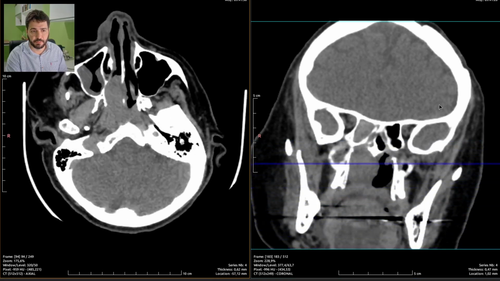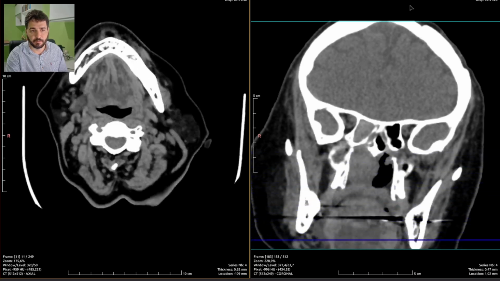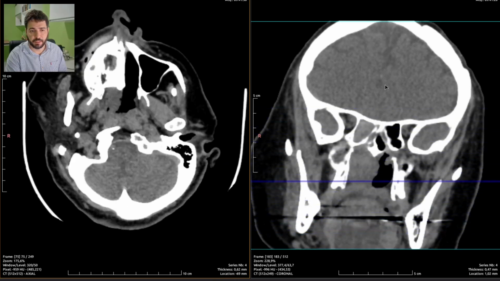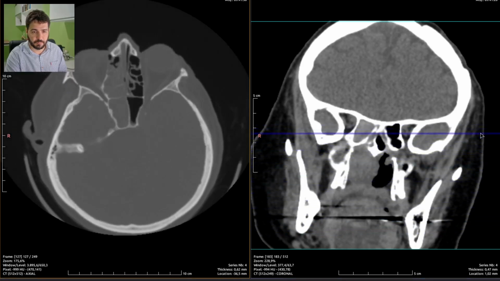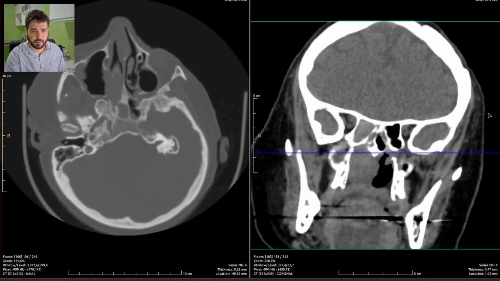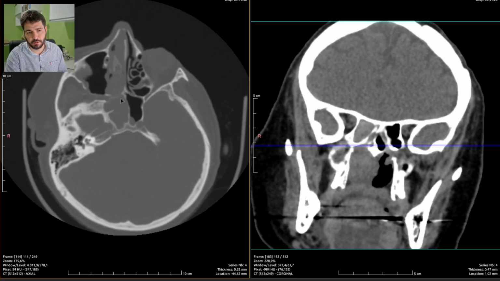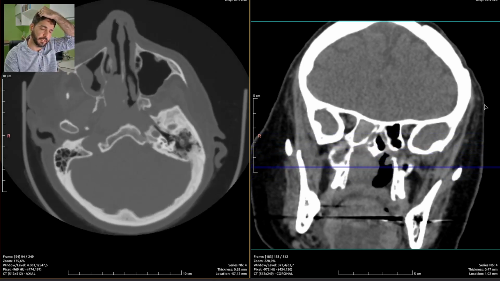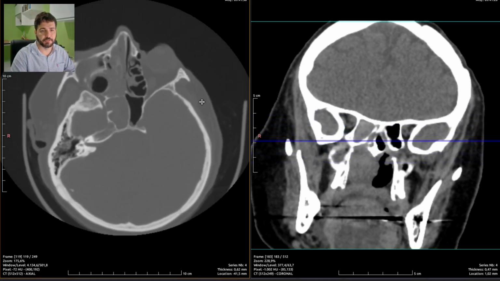Masticator chewing spaces, the buccal oral spaces, and the base of the neck. Also the temporal bones, petrous pyramids are fine. The base of the skull is fine except for the eroded walls of the left sphenoidal sinus cavity. No, this is a major tumor.